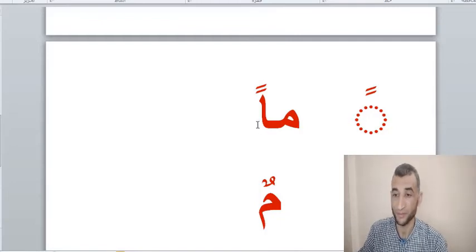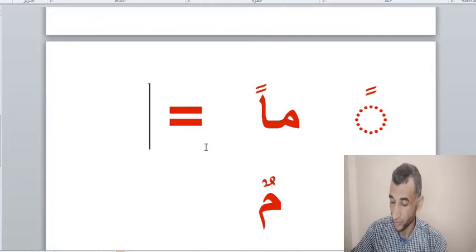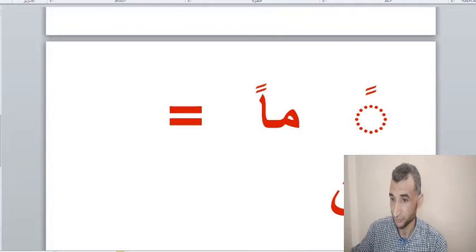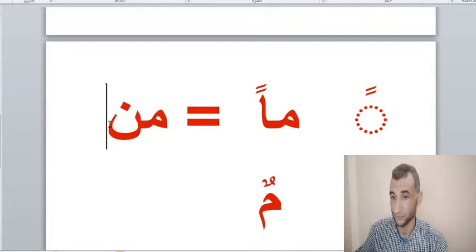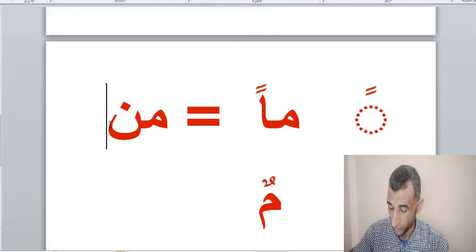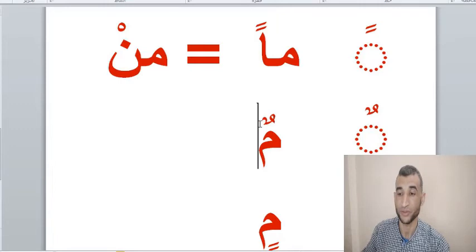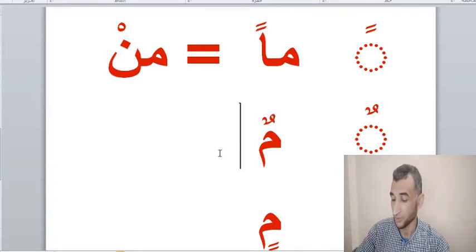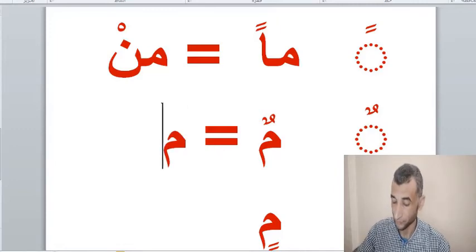So this pronunciation of the double fatha, like this, equals this, man. And this letter with double dhamma above it has the same pronunciation as this word.